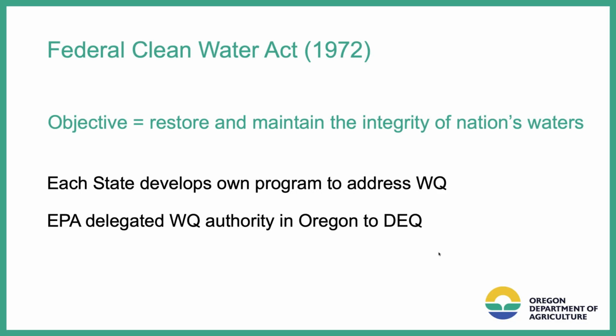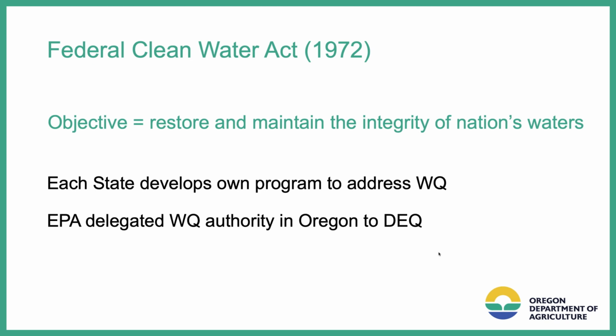So the Federal Clean Water Act was passed in 1972, and it created a national framework for addressing water quality issues across the state. And while it created a bunch of requirements for the states, it also left a lot of flexibility. So each state actually develops its own program to address water quality.